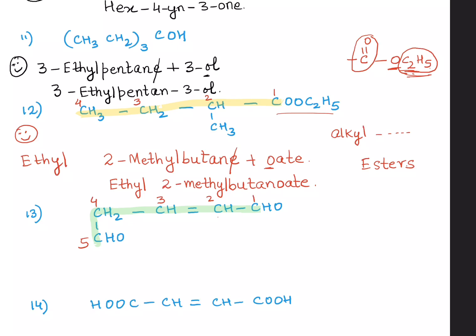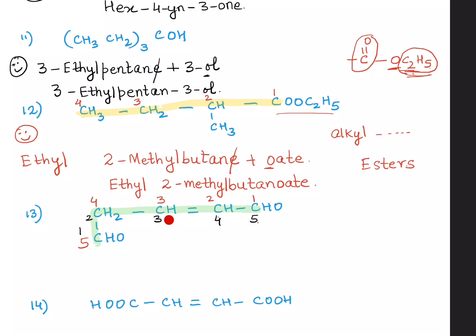So, if I number from right to left, my double bond comes at position number 2. But if I number it from left to right, so 1, 2, 3, 4 and 5, you see here, now my double bond will get position number 3.